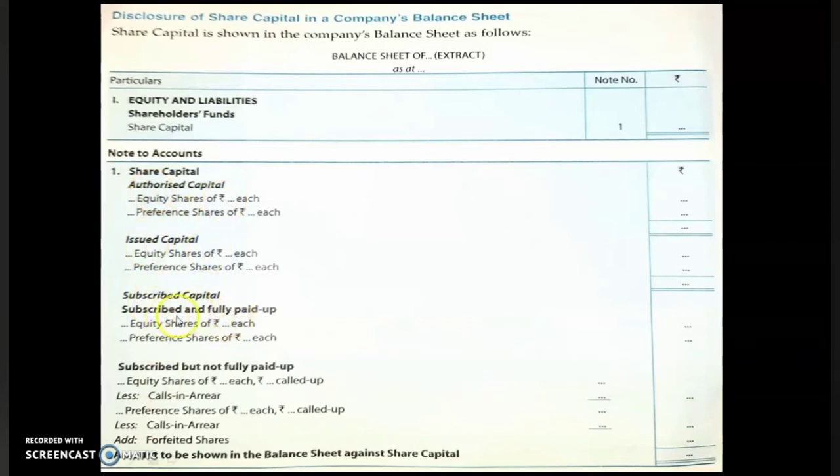Under subscribed, we have subscribed and fully paid up, and subscribed but not fully paid up. And you have to subtract calls in arrears and add forfeited shares. So this is the way you have to represent, and the total answer what you get after adding and subtracting the whole thing, that is the share capital amount, and the answer what you get here, that you have to show in the balance sheet under share capital.